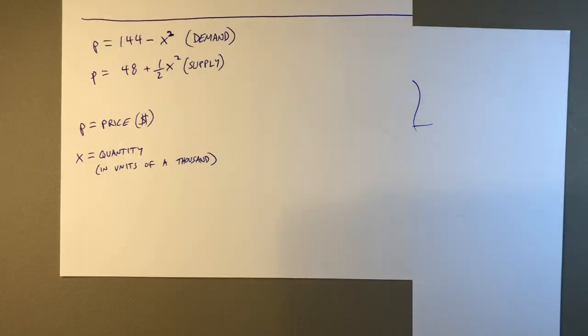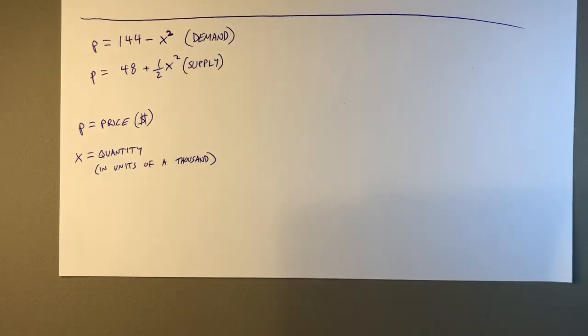All right, our final example from the PowerPoint presentation, section 2.6, is found on slide number 9. This deals with market equilibrium. If you studied the PowerPoint presentation, you know from the previous slide that market equilibrium is when supply equals demand.